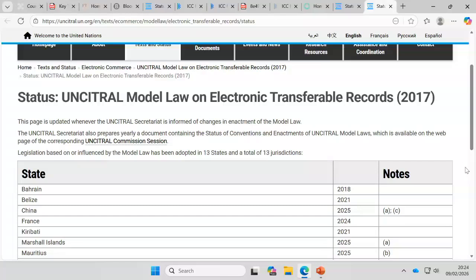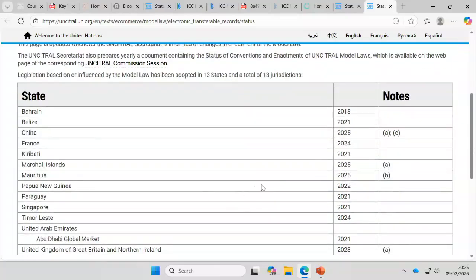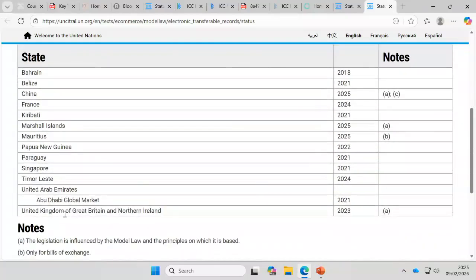Electronic Transferable Records. And so far, if one thinks about it, 2017, less than 10 years, so far adopted in 13 states. And if we look at it, some significant states. You can see the UK, UAE, Singapore, France, China as examples.